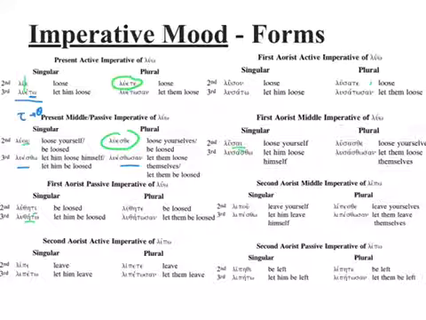So if you remember, we have luo, lues, lue, luamen, luete. And luete, exactly the same. So context is the only way you're going to know if it's going to be an imperative or in the indicative. Mood. Not case, but mood.